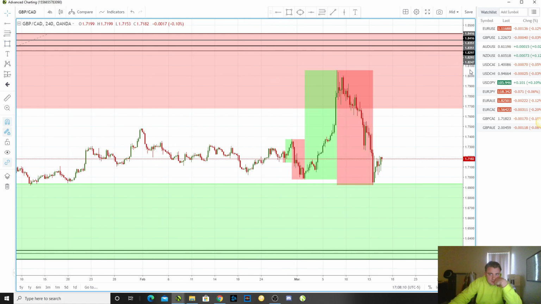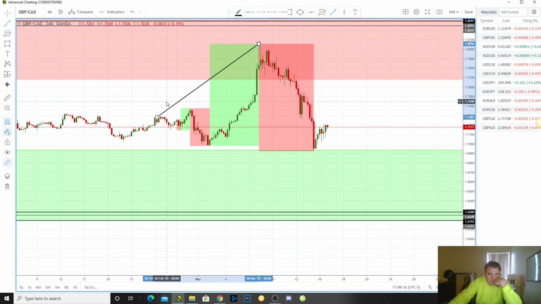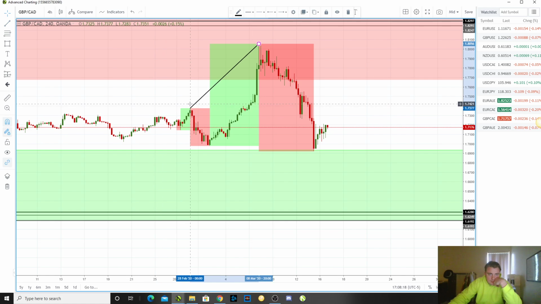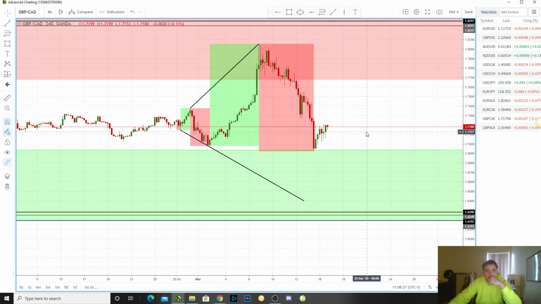So this is the kind of pattern where the market's getting bigger. It's like a foghorn kind of. Trying to connect these lines.